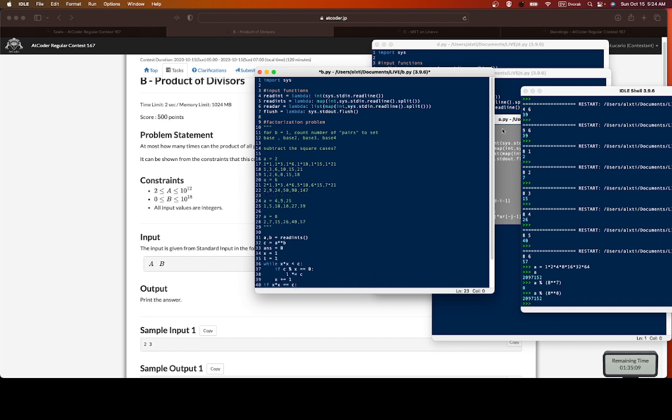We subtract those intermediate cases, 48, plus 6 plus 18 plus 24, 42, 54.